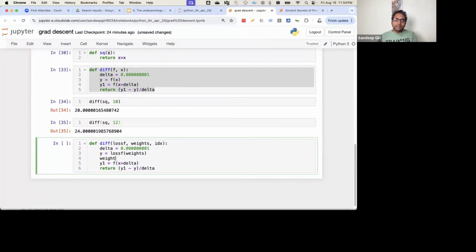I'll have to write idx. I'm using a wrong method, but you understand. I'll save its value somewhere so that I don't modify it.